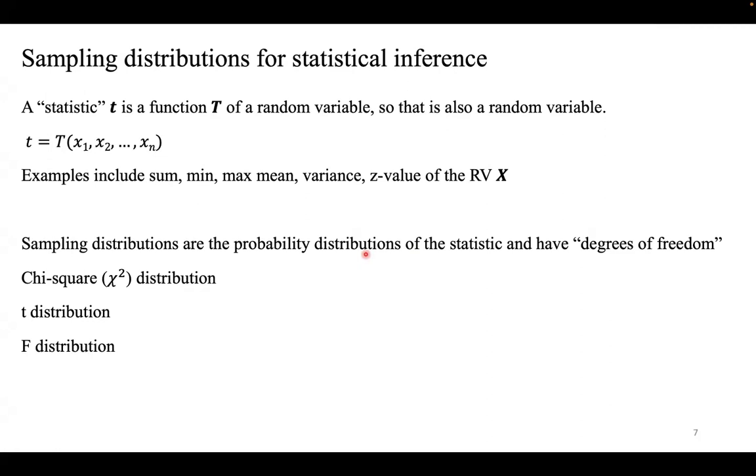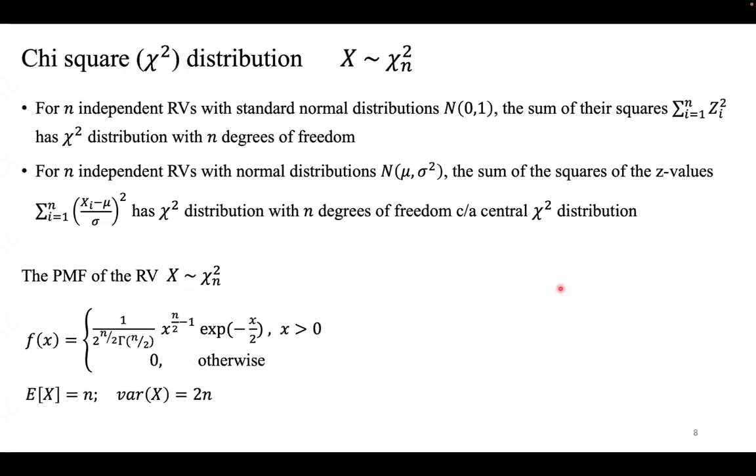Okay. Now the distribution of those values are going to be called sampling distributions, and they have something which is called the degrees of freedom, which we'll just see in the upcoming slides. And there are three types of distributions that were discussed this week: the chi-square distribution, the t distribution, and the f distribution. Okay.